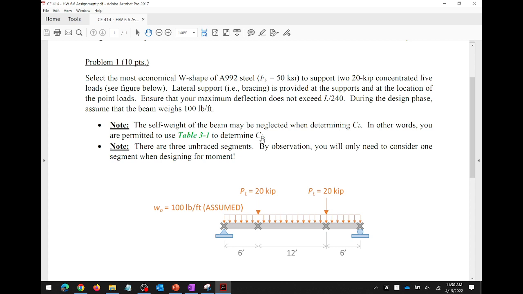Because in the middle the gradient's not going to be very high. So from a design perspective, the middle segment versus the end segment, which one do you actually need to consider for the purposes of design? See my point? You can check the end segments, but I guarantee you they're not going to govern. So you only need to consider the middle segment for the purposes of design.